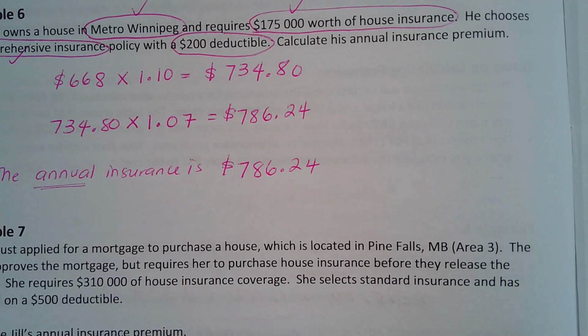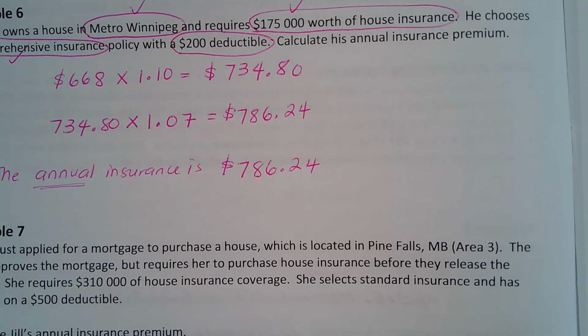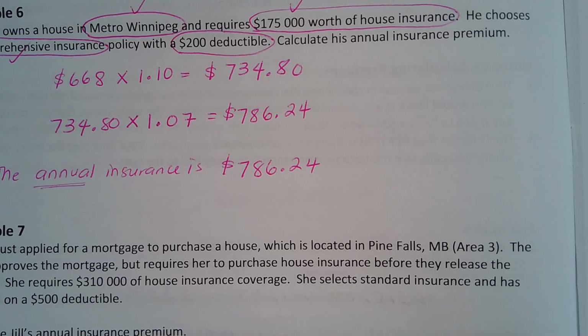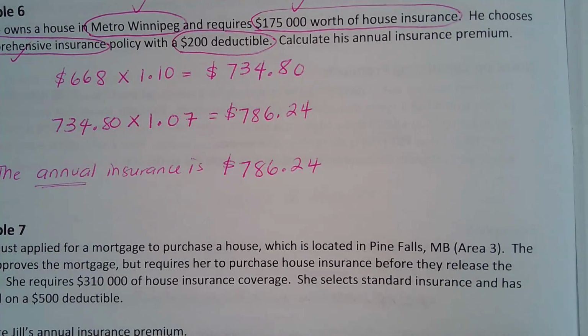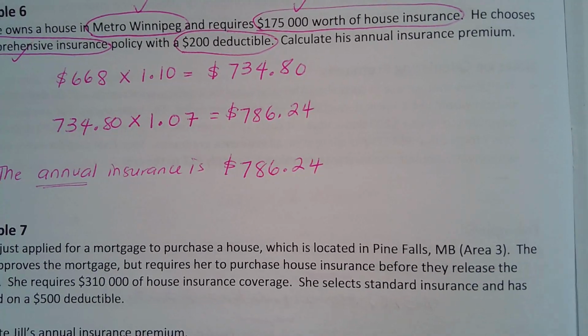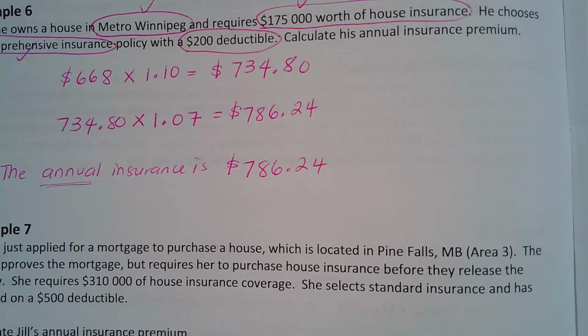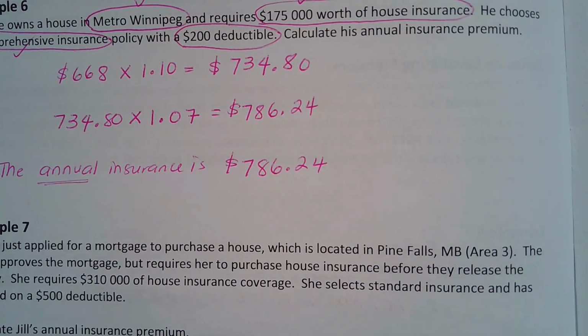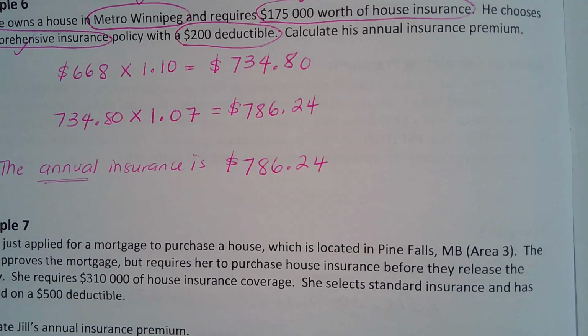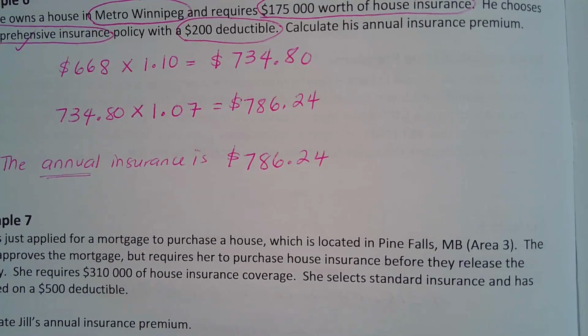The word deductible is only used if there is a claim. Remember that fire that I talked to you about this morning? The deductible is only if there is a claim.